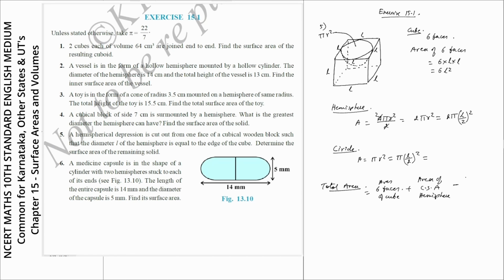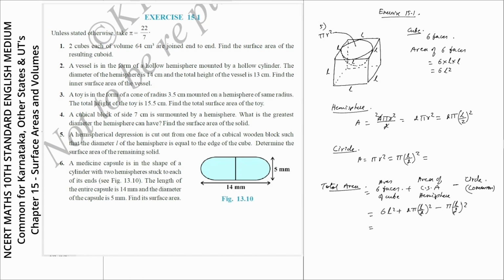This area is common to both hemisphere and cube. So area of 6 faces of the cube we got as 6L square. Now plus area of the curved surface of hemisphere is 2 pi L by 2 the whole square minus area of the circle is pi L by 2 the whole square.